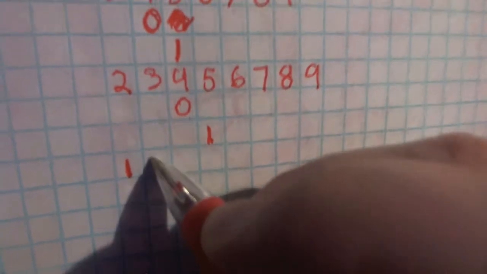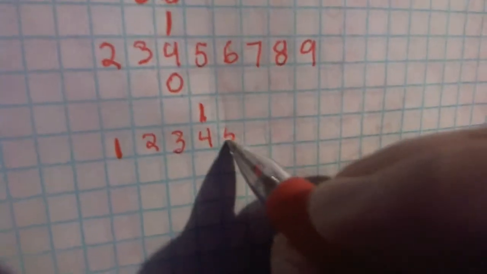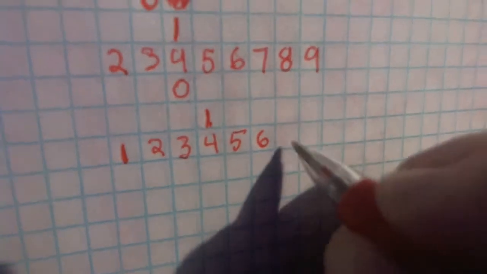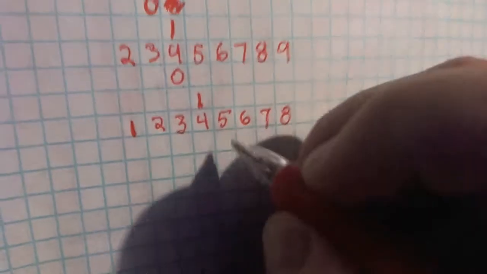And then the 1 pops up there. 2, 3, 4, 5, 6, 7, 8. And then it's under the 4, which is the 0.